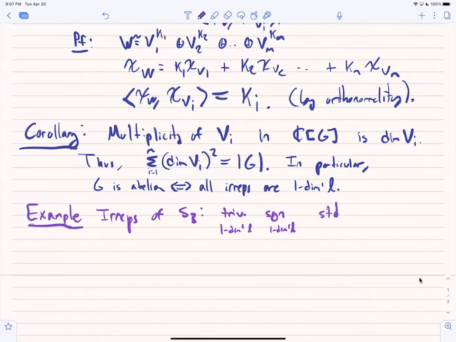This is contained in the permutation representation on the set 1, 2, 3. It's the subspace of x, y, and z such that x plus y plus z is equal to 0.